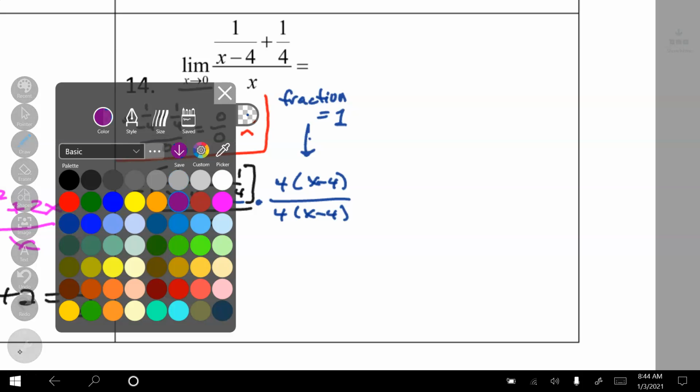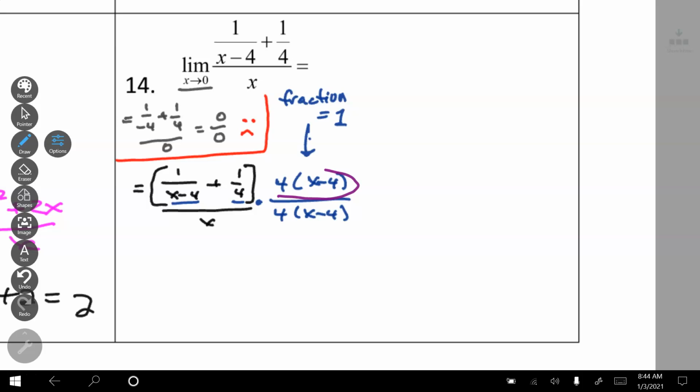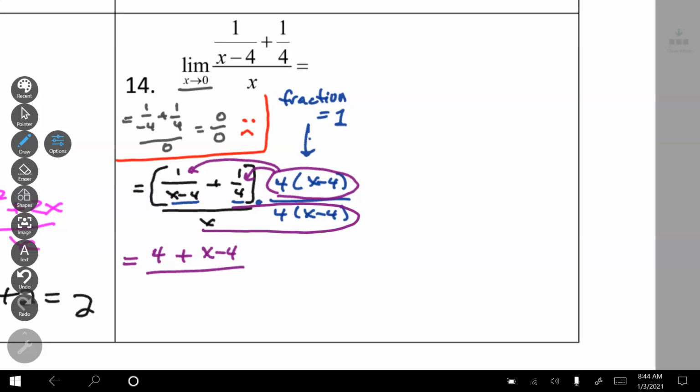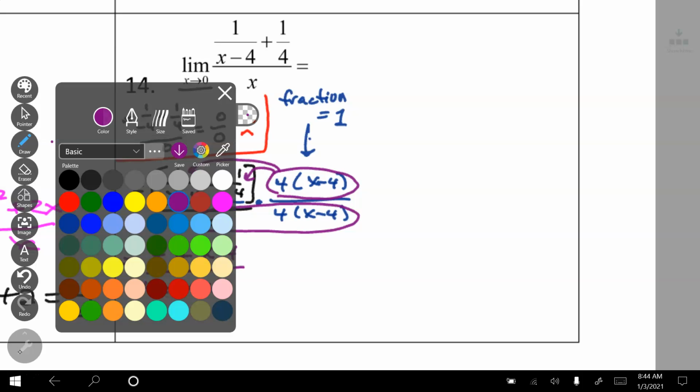What I can do is distribute. So this can multiply this fraction on top and this fraction on top, and things will cancel out. The first time the x minus 4 cancel out, I have 4, plus the second time the 4's cancel out, I have x minus 4 over, and I just multiply all this together. I get 4x parentheses x minus 4.